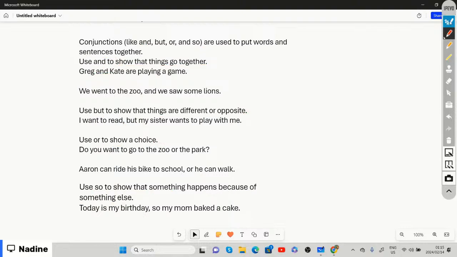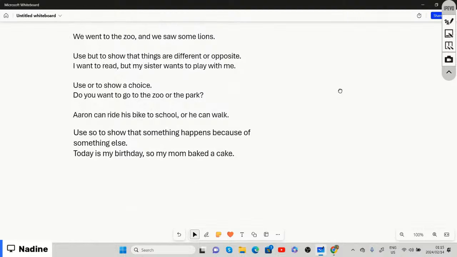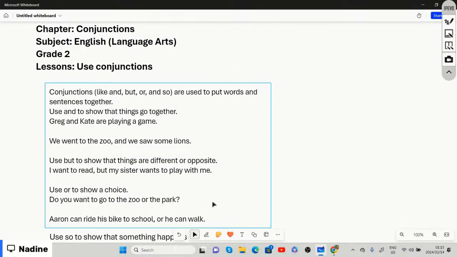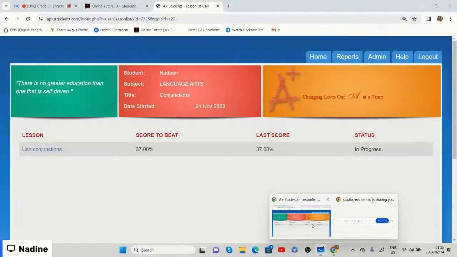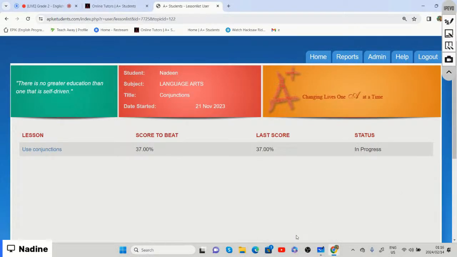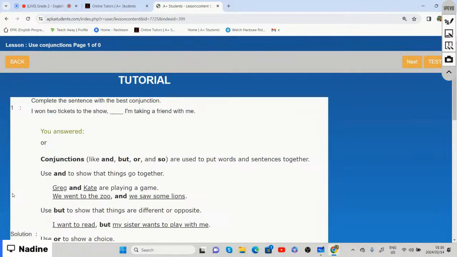And we say that we are doing our tutorial lesson on aplusstudents.ca, right? So let us go to our tutorial lesson on aplusstudents.ca. And we see that our lesson under the chapter of conjunction is to use conjunctions.